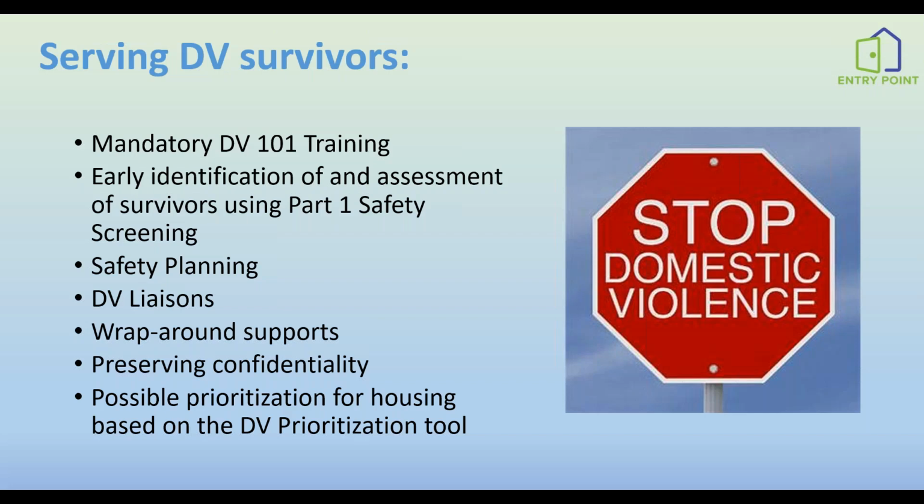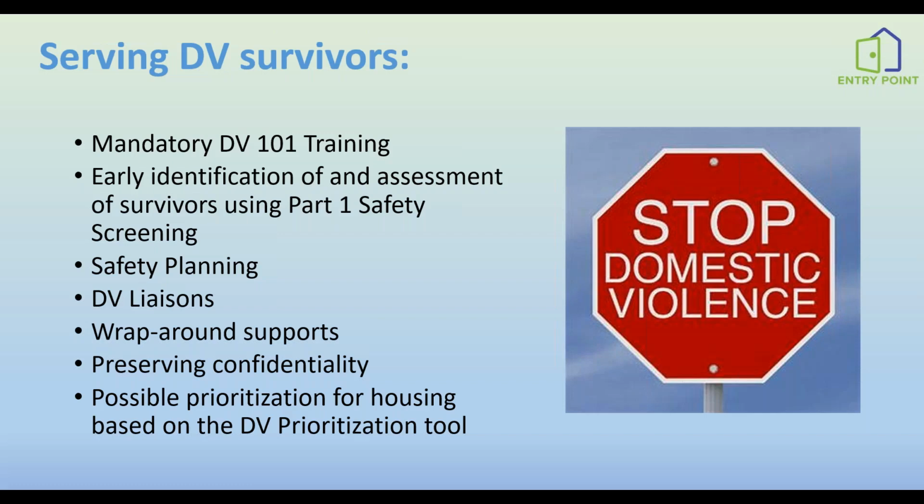And we have part 1, the safety screen, to help us do that right away when we first start talking to someone. We do robust safety planning. We have DV liaisons in our system, people who are experts and who are helping build bridges between the DV specialty agencies and all the rest of our agencies.